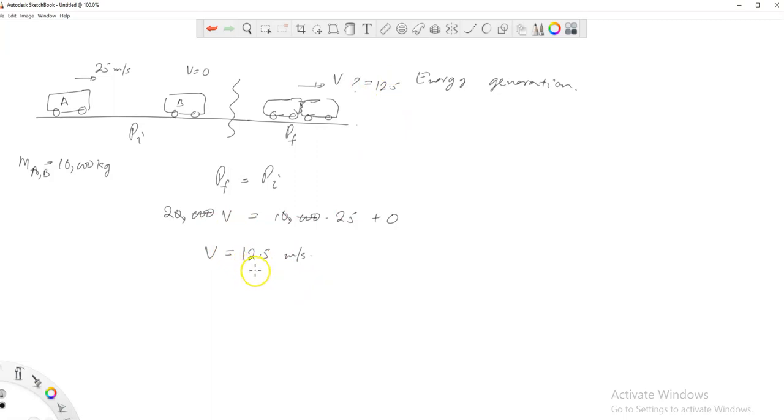Now let's look at the energy side. What is the initial energy of the system? E initial.